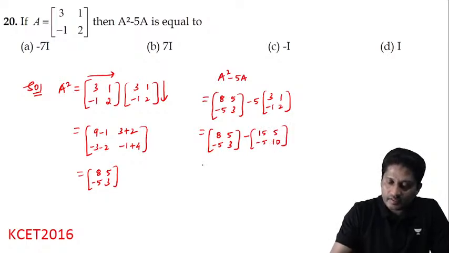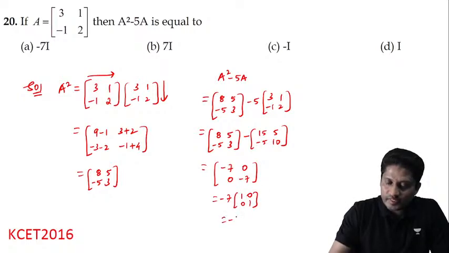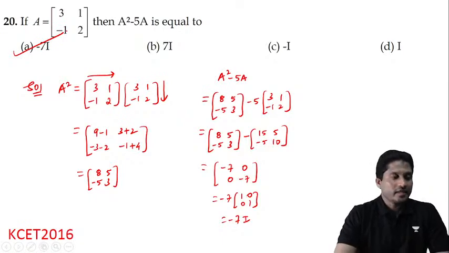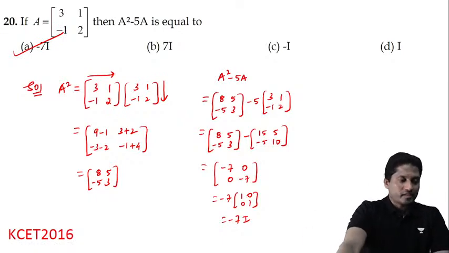Now if you subtract, 8 minus 15 is minus 7, 0, 0 and minus 7, which is minus 7 times 1, 0, 0, 1, equal to minus 7I. Answer is option. Let's move. It's a simple question on matrices. Just find out A square minus 5A.